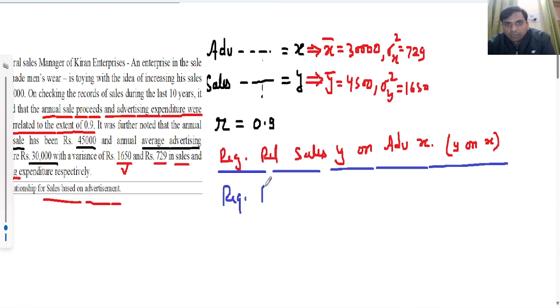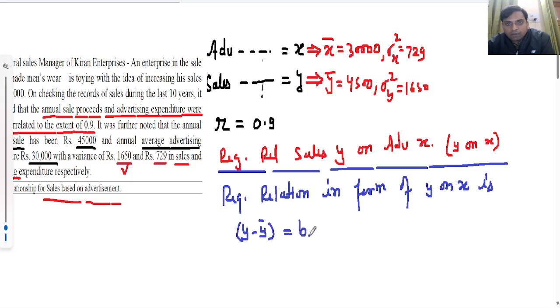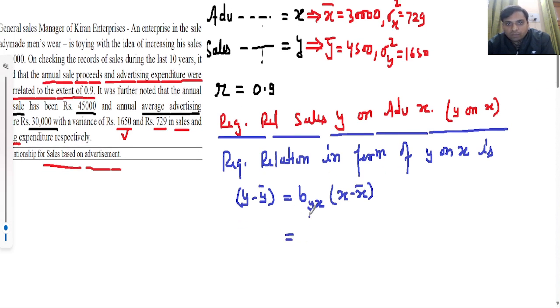The required relation in the form of Y on X is Y minus y bar equals byx times X minus x bar, because this is Y on X. And this byx can be written as r sigma y upon sigma x, times X minus x bar, and this is Y minus y bar.